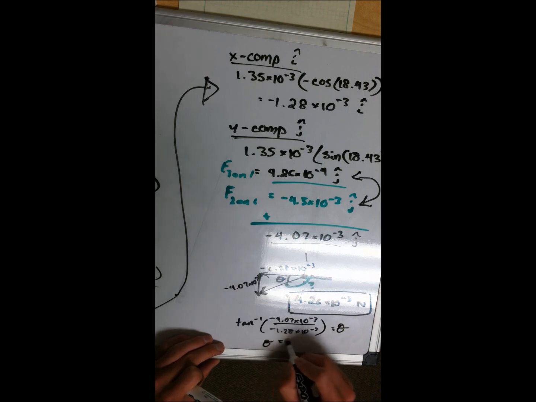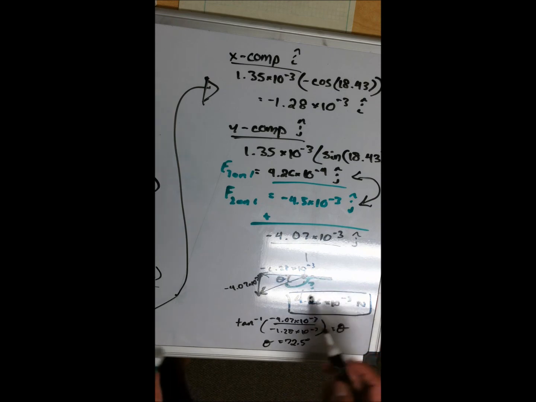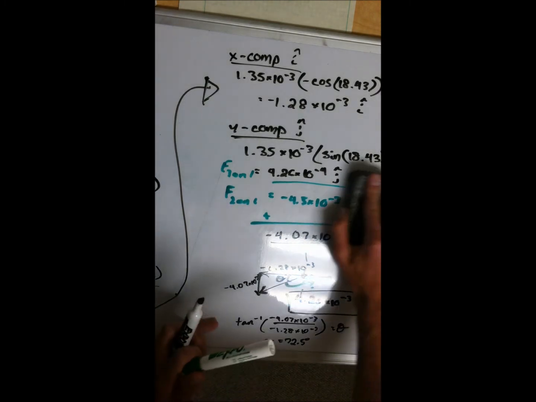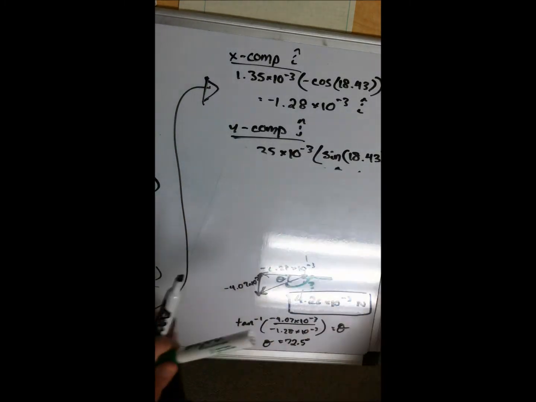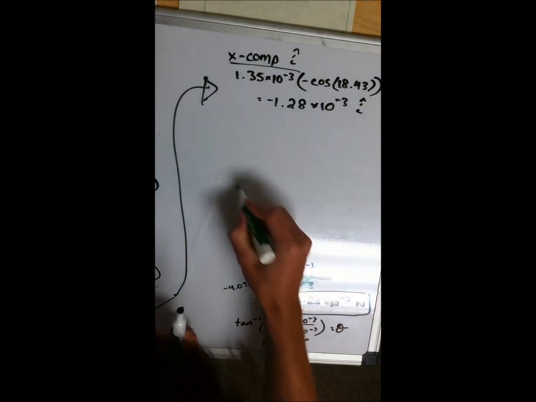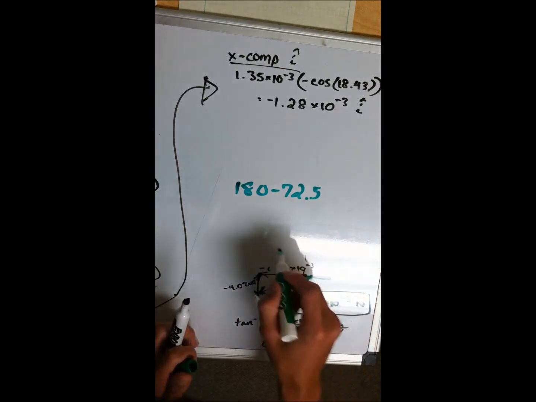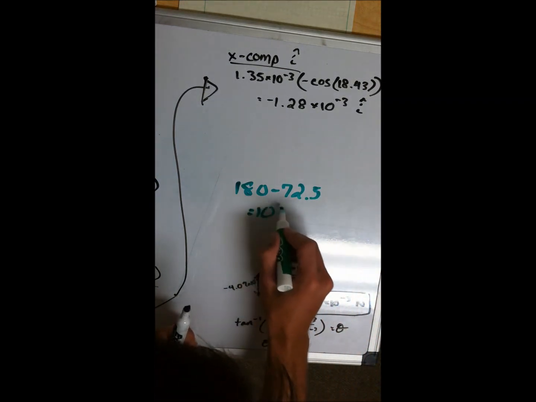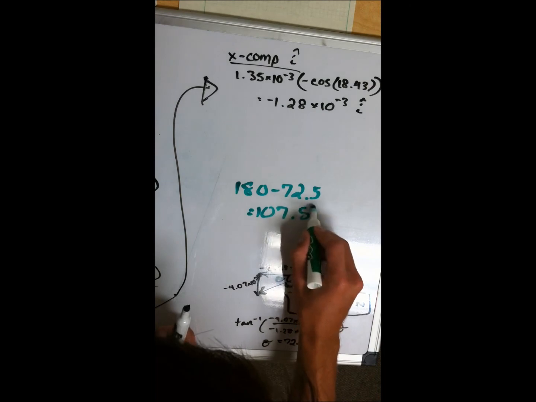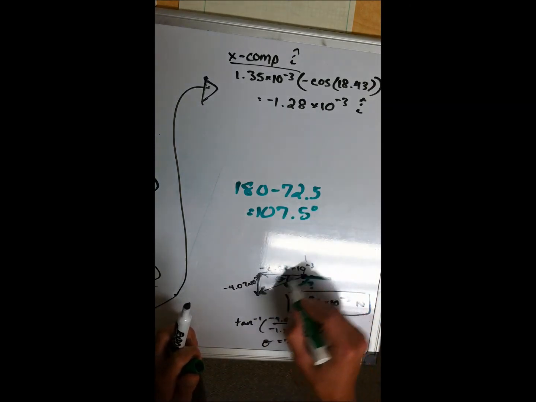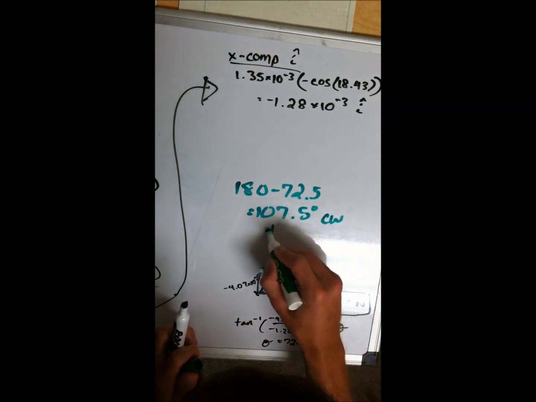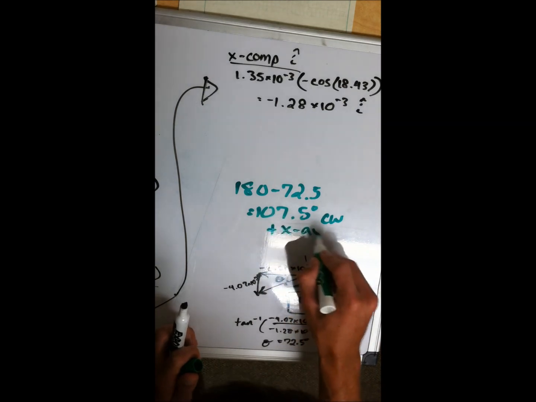Theta is then going to be 72.5 degrees, and 180 degrees minus that 72.5 degrees is going to give us our resulting angle, the final angle that we're asked for, and that's 107.5 degrees, and that's going to be clockwise from the positive x-axis.